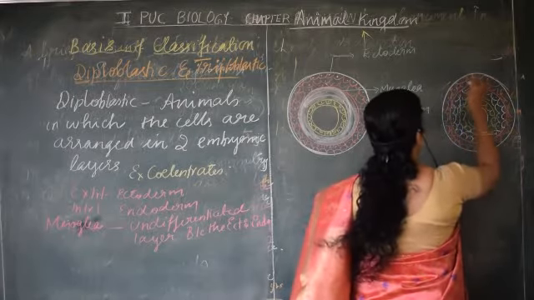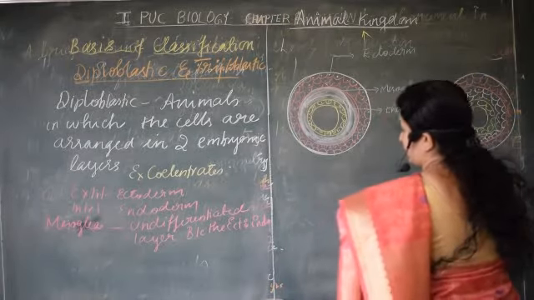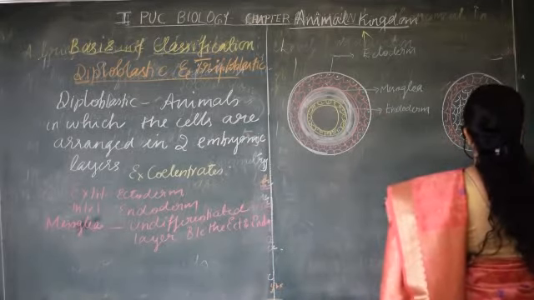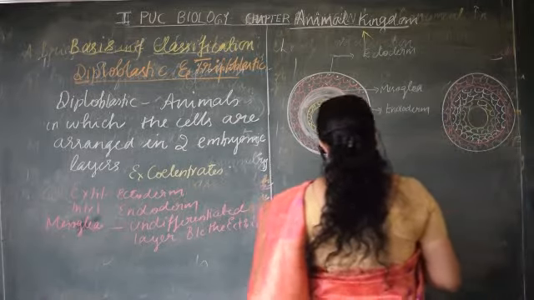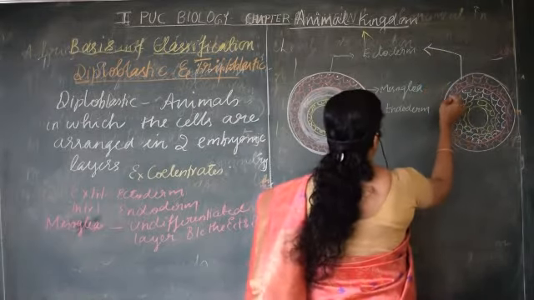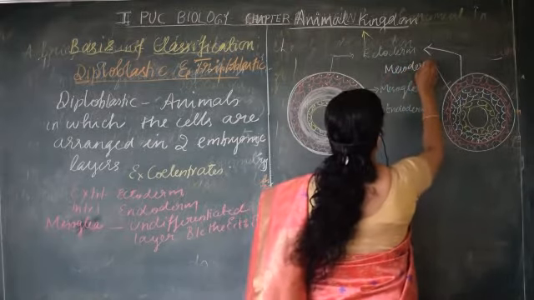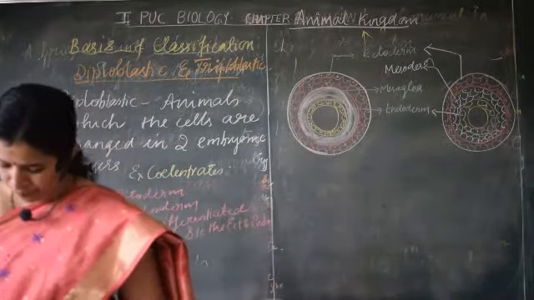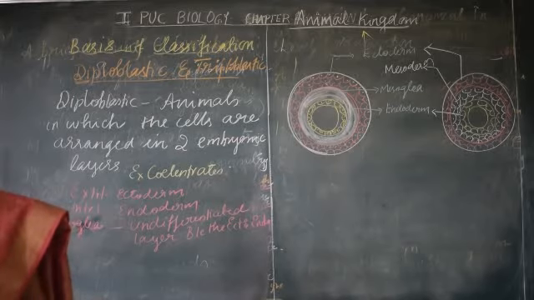In coelenterates only 2 layers can be seen, but when we come to the other levels of organization, other groups of organisms have this ectoderm, and here it is termed mesoderm, not mesoglea. Then this is the endoderm. This is the arrangement of cells in the embryonic layers in different organisms.